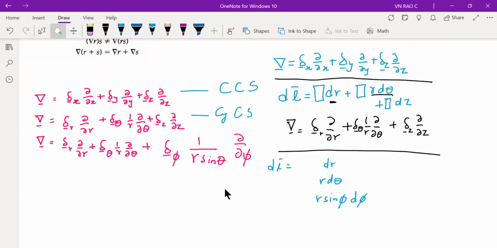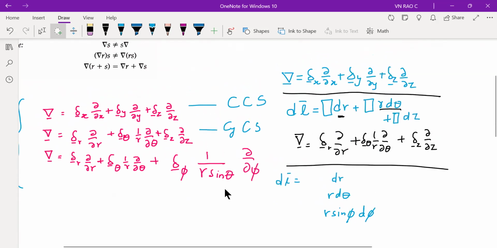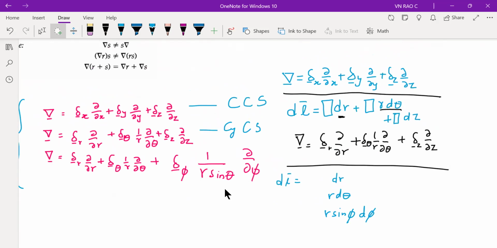So we are looking at the del operator in Cartesian coordinate systems first, then cylindrical coordinate systems, and spherical coordinate systems. So this is written in spherical coordinate systems.